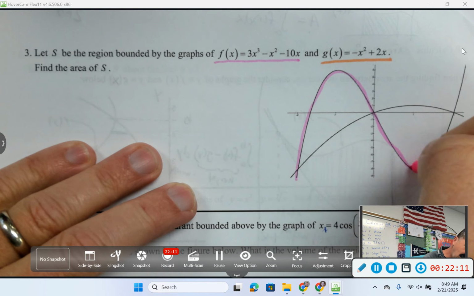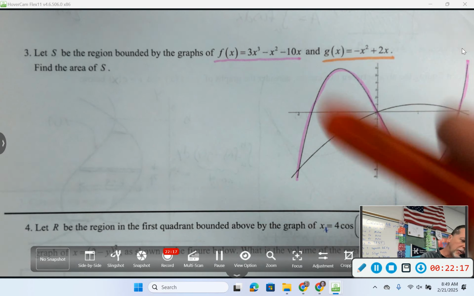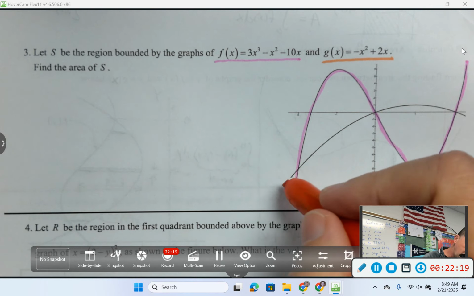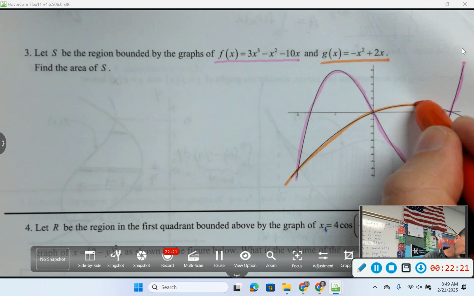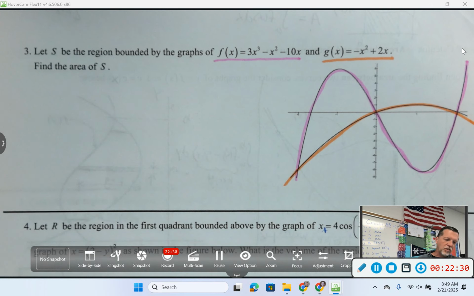Or you can just say, I know what an x cubed looks like. An x cubed looks like that, so that's got to be the x cubed. And I definitely know what a parabola looks like, so that's got to be this one. With a calculator, again, you could graph them both and see, but hopefully you don't have to do that. You can just look at your picture and know which is which.